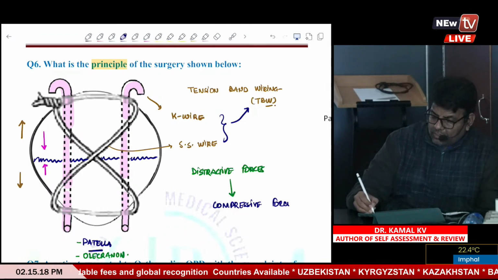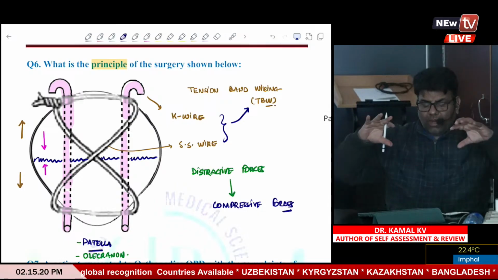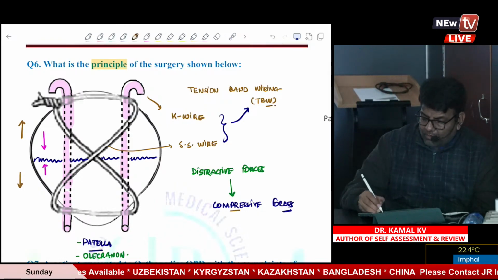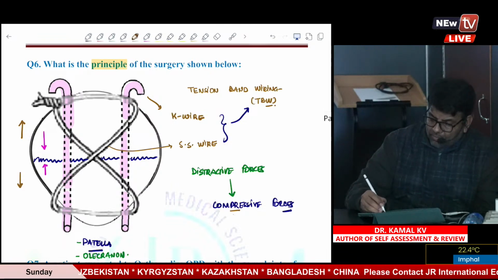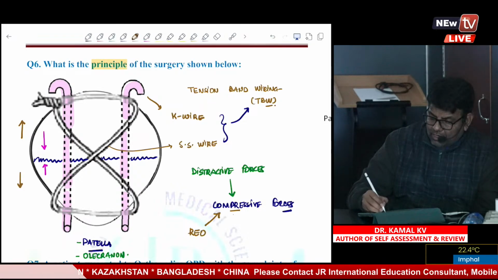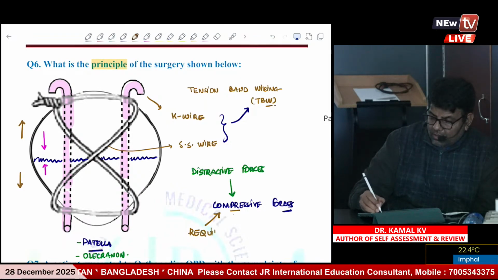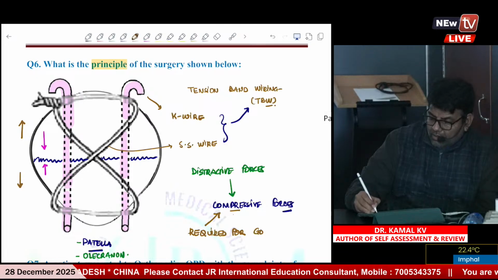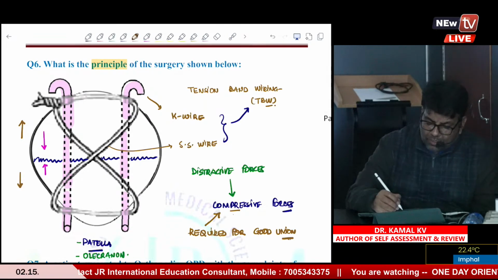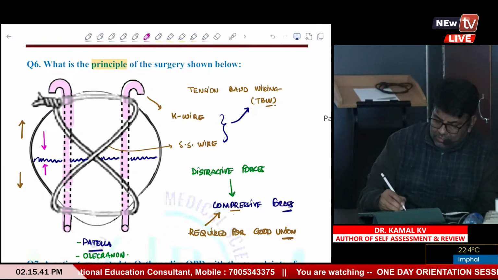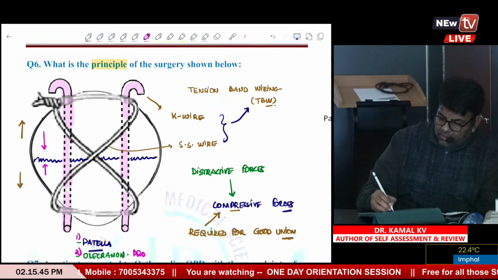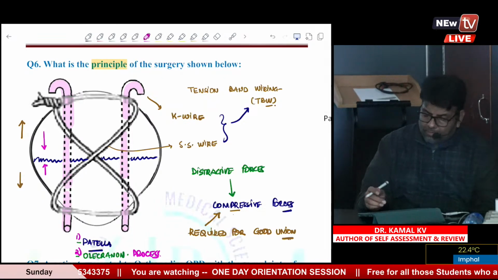The forces which were trying to take the fragments apart will ultimately bring them closer, and the fragments will compress against each other, and this is one of the conditions required for good union. So this is the principle of TBW. Remember two conditions: fracture patella, fracture olecranon process. Okay.